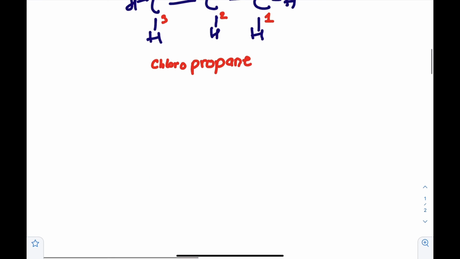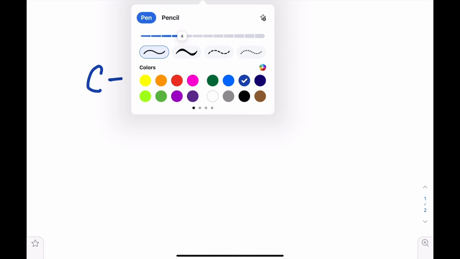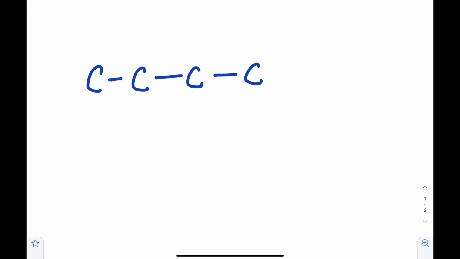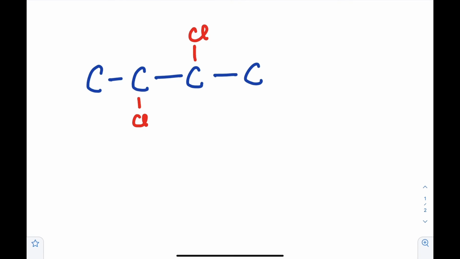Make it a little bit more fun. Now, what if I had a compound that had 2 substitutions, right? And of course, we're going to increase the number of carbons that we have. So I'm going to have a chlorine here and a chlorine here. But the rest of the guys are just my normal hydrogens.